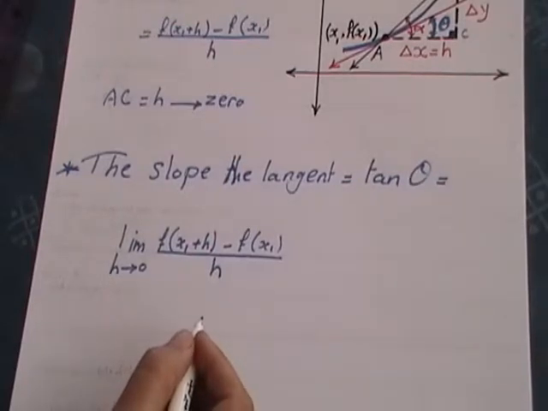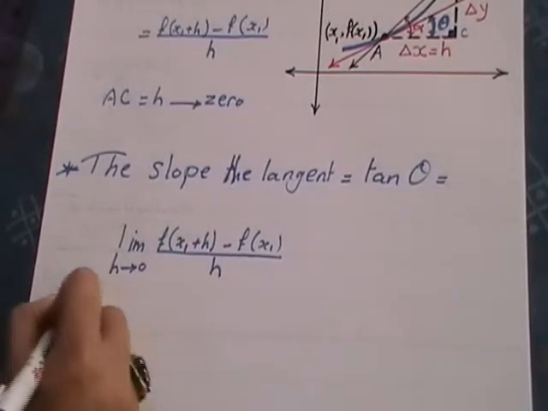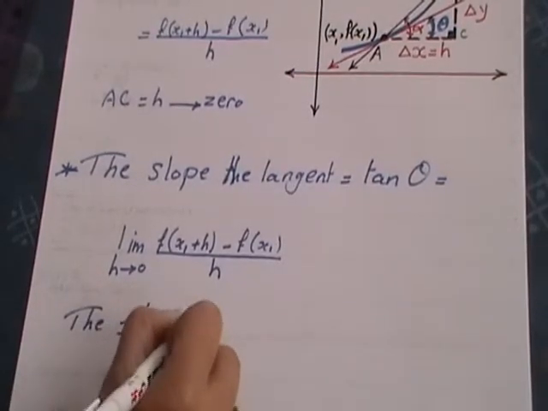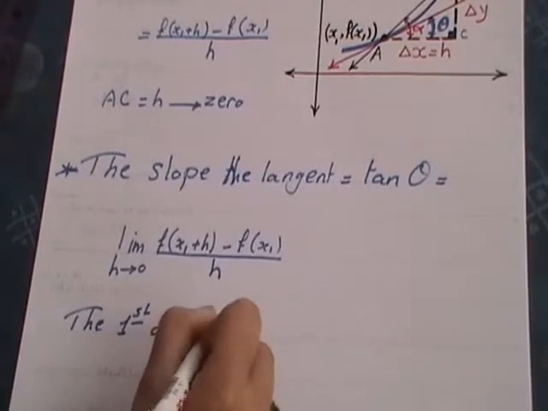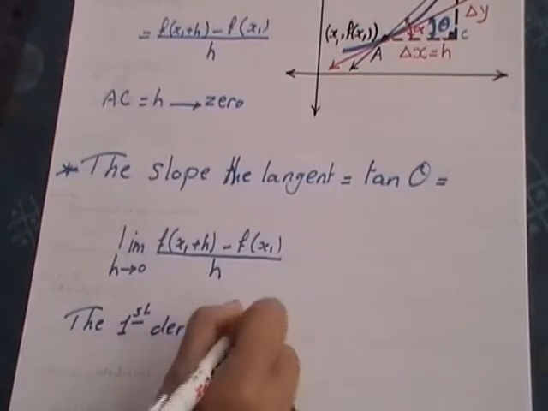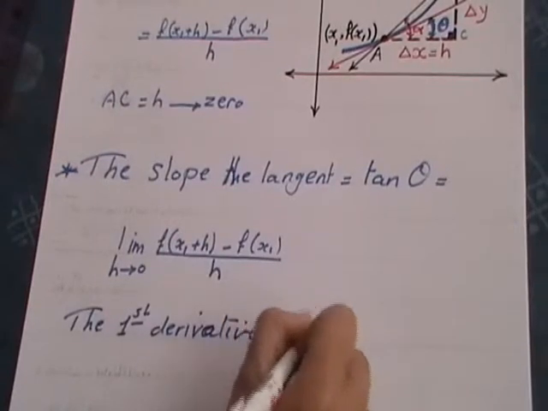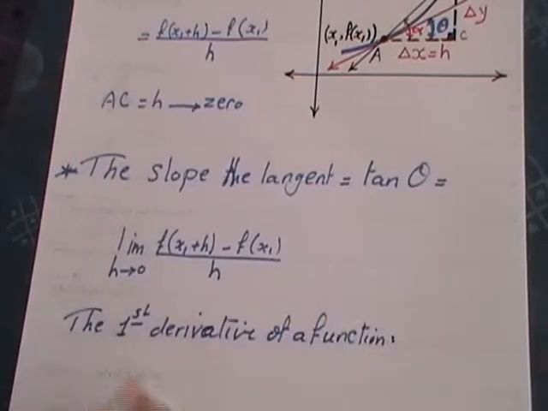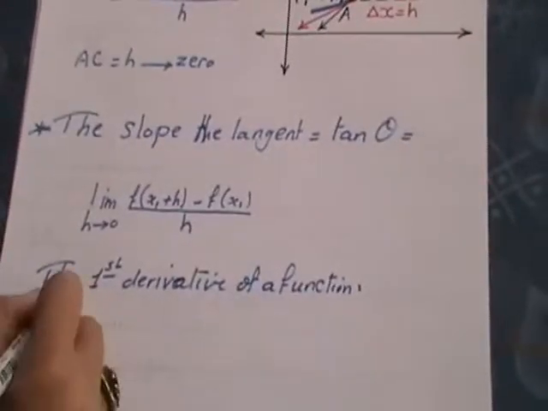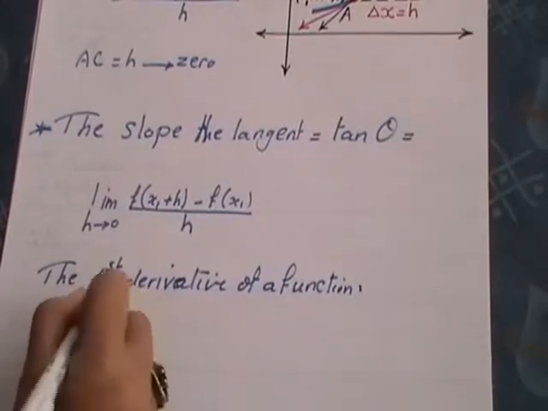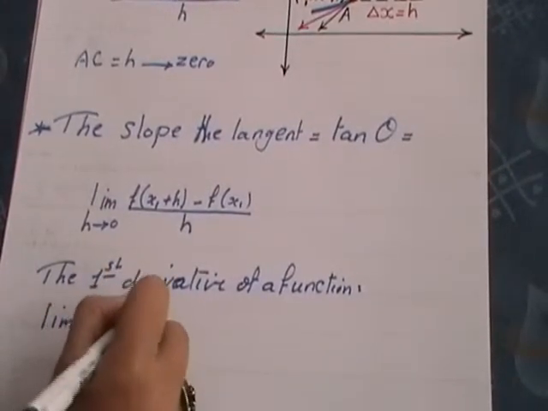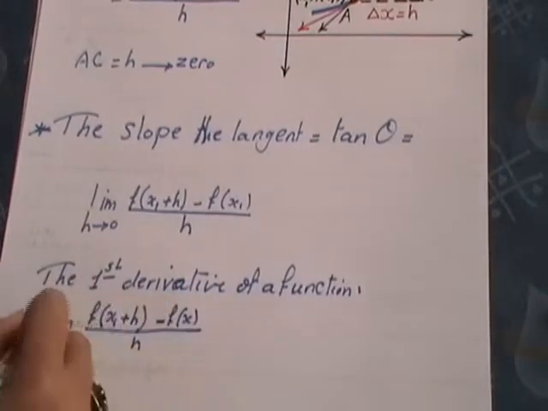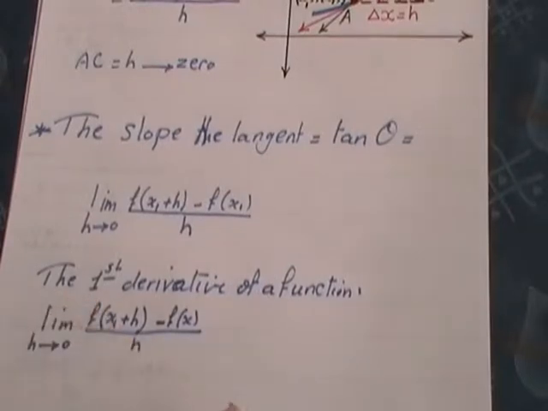The first derivative of the function is expressed by the limit of f of x plus h minus f of x over h when h tends to 0.